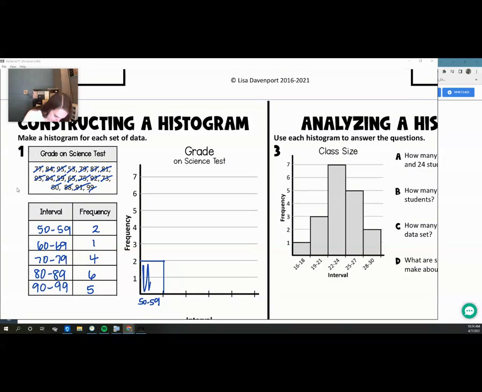We could color it in if we want to, but we don't have to. 60 to 69 goes up to 1. 70 to 79 goes all the way up to 4. 80 to 89 goes all the way to 6.